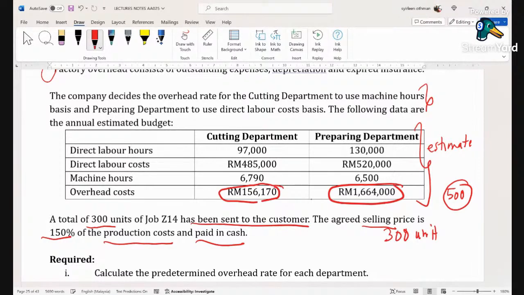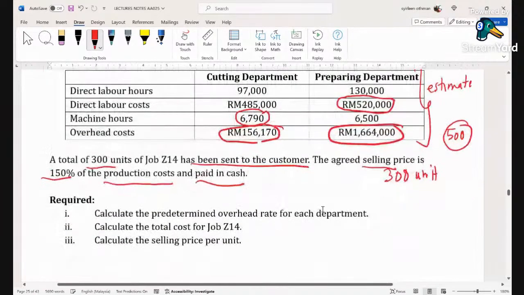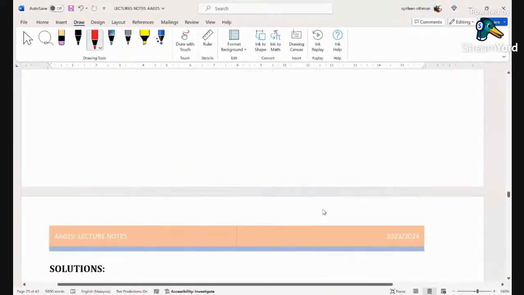Okay, lepas tu cutting department guna machine hours, so kita akan bahagi dengan 6,790. Okay, and then preparing department kita guna direct labor cost basis, so kita akan bahagi dengan direct labor cost and then multiply dengan 100 lah, sebab direct labor cost kan, so POR mestilah dalam bentuk percentage. Okay, alright.